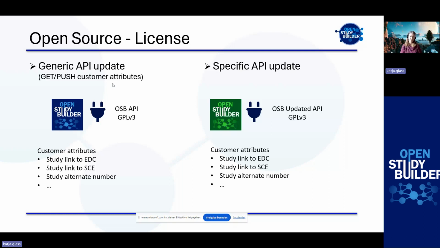So if you have some generic functionality, you could very generically still utilize the original software and the original API without the need to do adaptations. But of course, you also can just copy over the API and make some code changes to do some very specific stuff on your side, but this will then still be open source, meaning GPL.